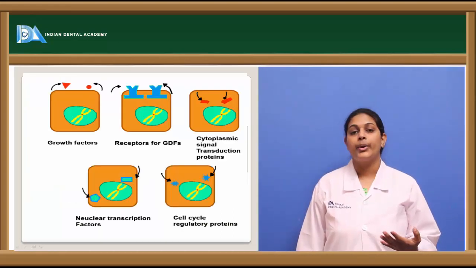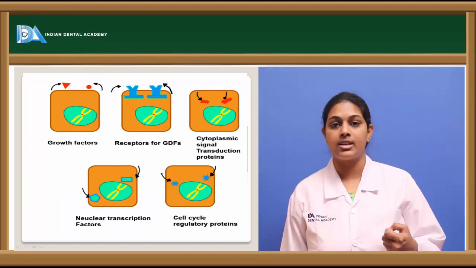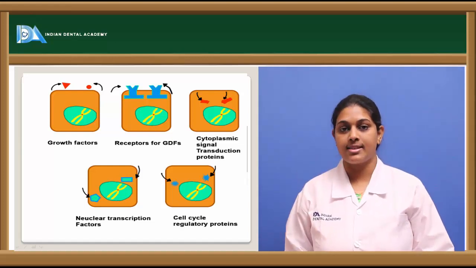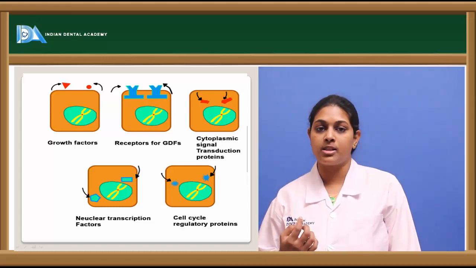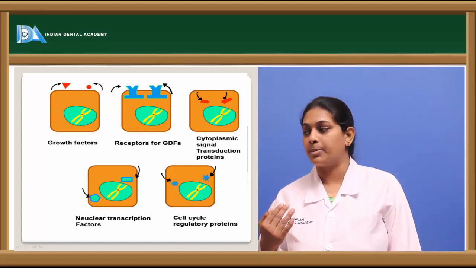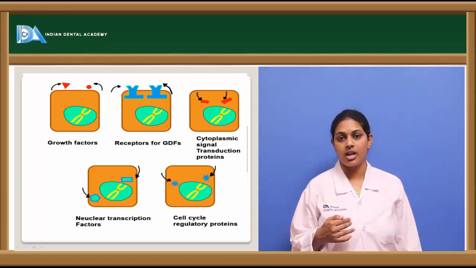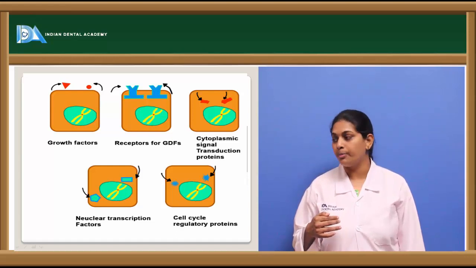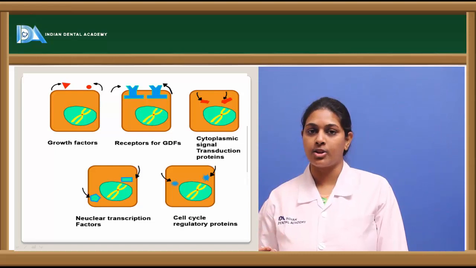Associated with these, in the signal transduction pathway, a growth factor which acts as a signal usually comes and attaches to its growth receptor, which is present on the cell membrane. From the growth receptor, the signal is carried intracellularly from the extracellular environment with the help of certain cytoplasmic or transduction proteins.